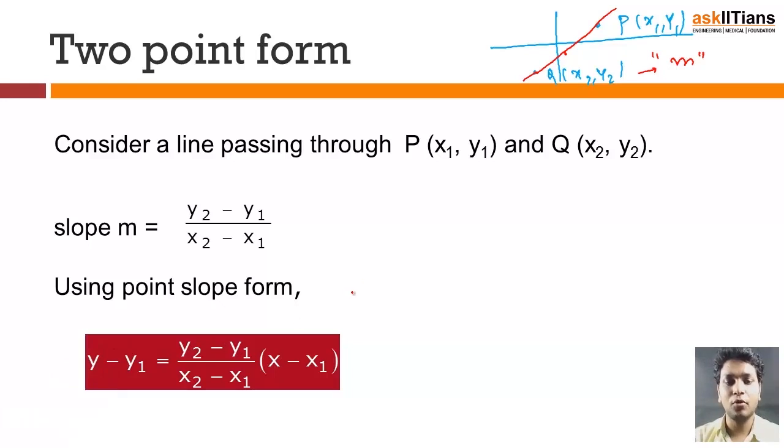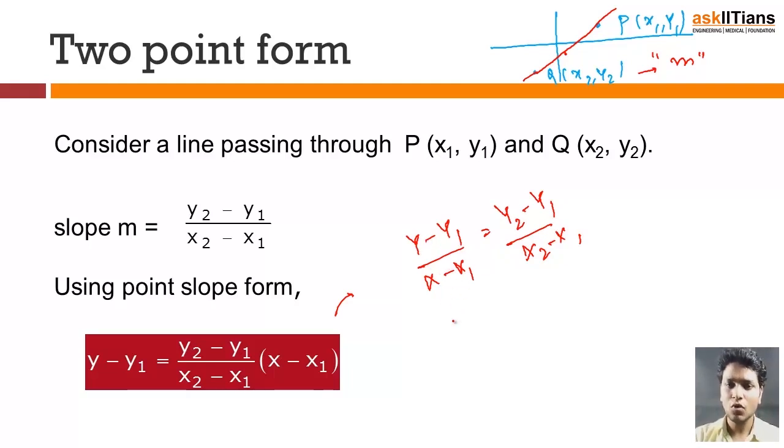There is a very important property. If you see, this is nothing but (x minus x1) times (y2 minus y1) upon (x2 minus x1). If you think of this as a ratio, try to do alternando. Then you will see this is nothing but (x minus x1) upon (x2 minus x1).